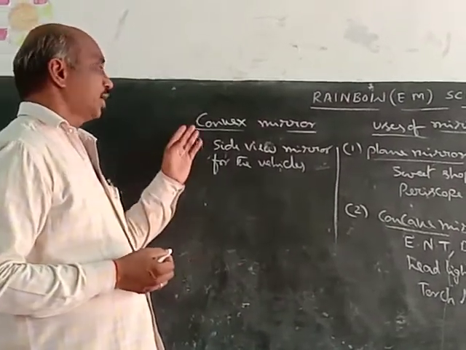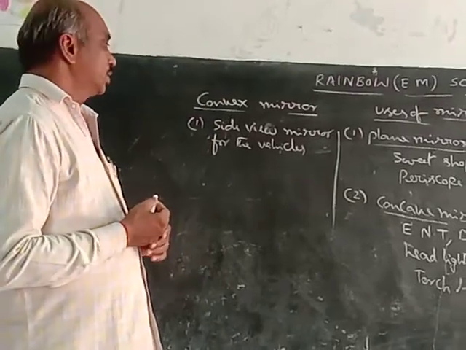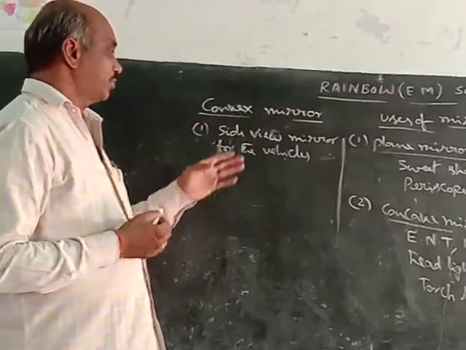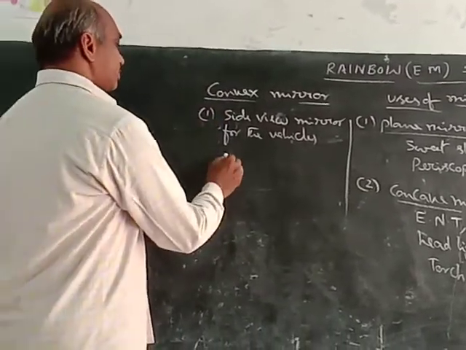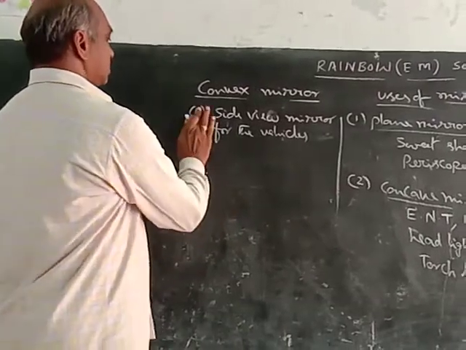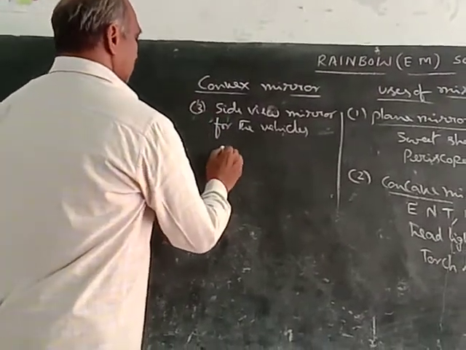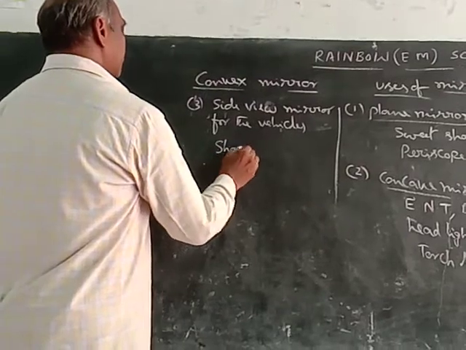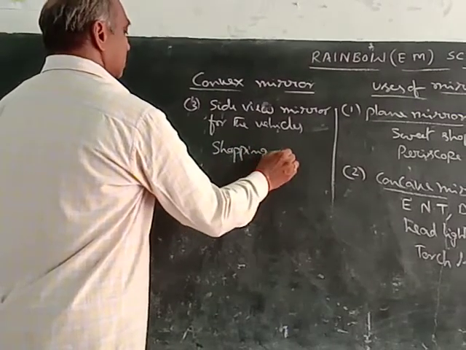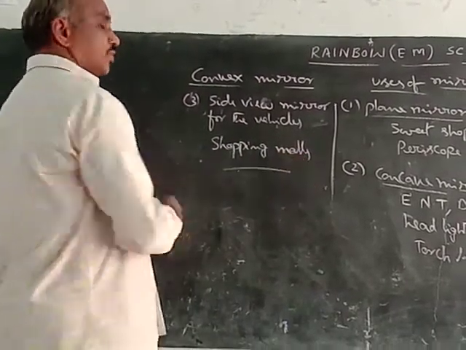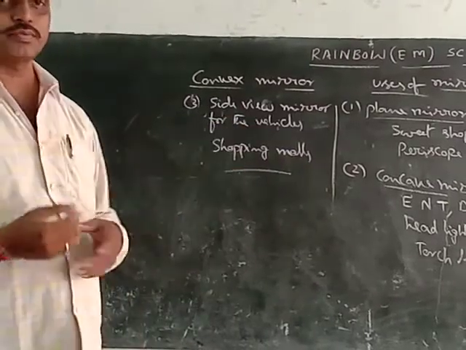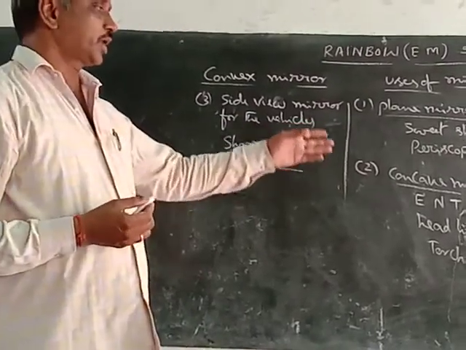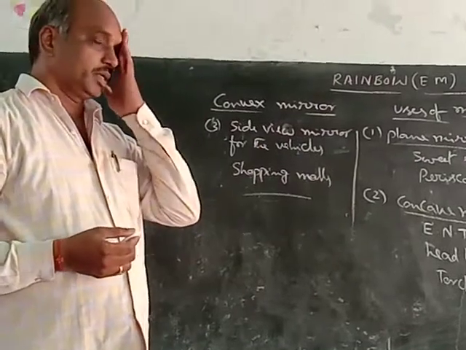That's why the convex mirror is used in vehicles as a side view mirror. Another one is shopping malls. In shopping malls also convex mirrors are used. These are the uses of plane mirror, concave mirror, and convex mirror.